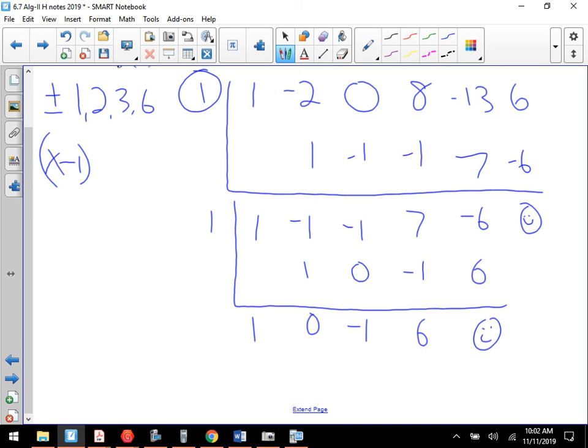Oh, we can do it again. So I have another 0 at positive 1, excuse me. So I have 2 terms right now at x minus 1, so there's multiplicity.